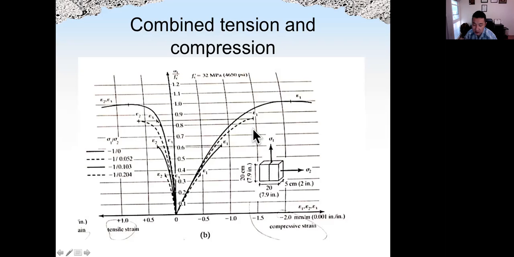All right, so what we can see here is if we increase the tensile stress for sigma 2, okay, the peak stress, strength and peak strain will decrease. Okay, so that does make sense because tensile stress in the horizontal direction will make the concrete crack earlier. Okay, so the peak strength and the strain will both decrease when we increase the tensile stress at sigma 2.